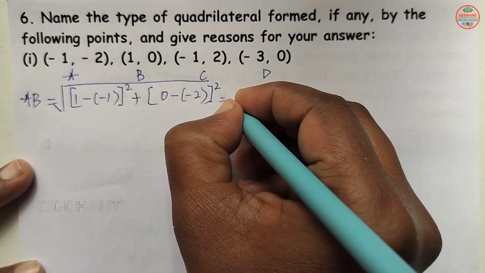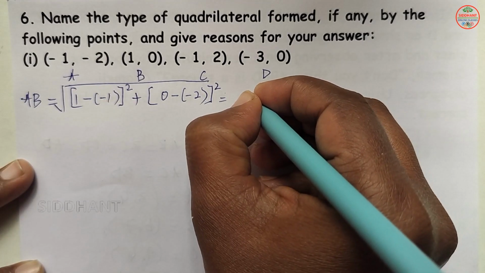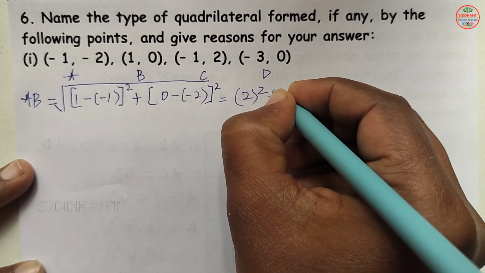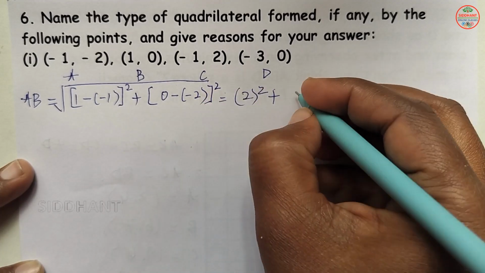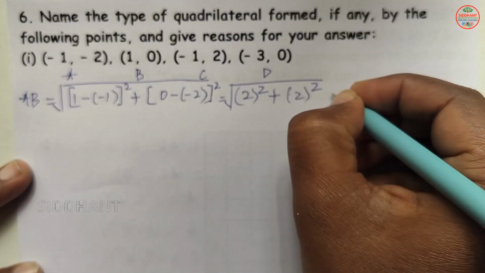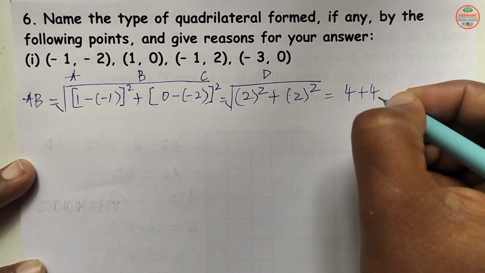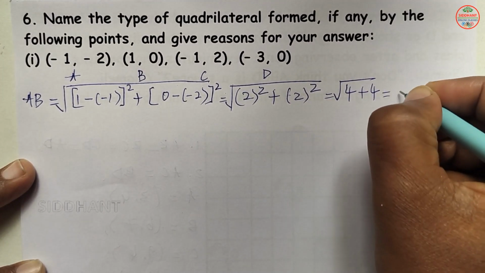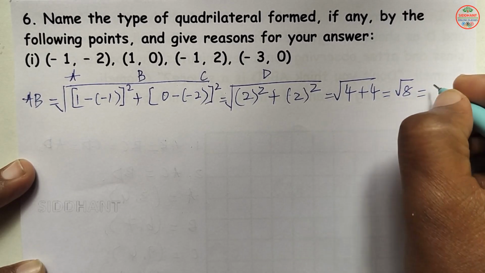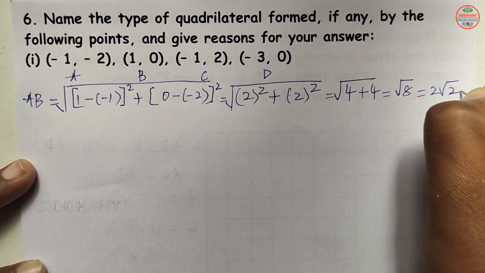So that will be 1 plus 1, which will be 2 whole square, plus 2 whole square, under the square root. Next 4 plus 4, square root, that will be square root 8. The square root 8 means 4 into 2, that will be 2 root 2.